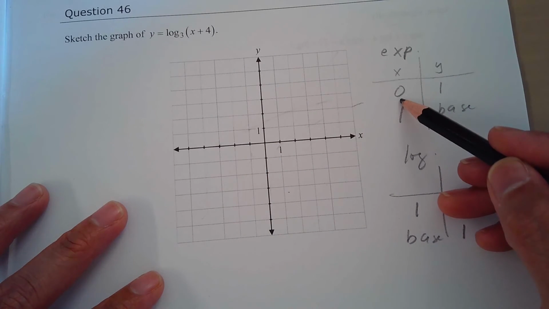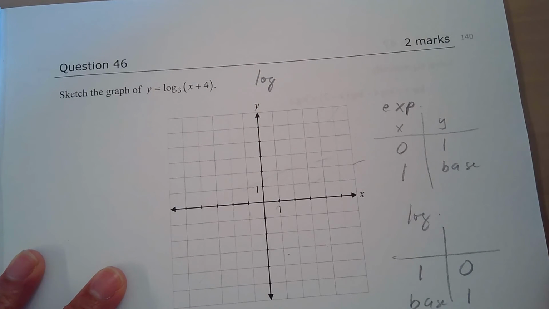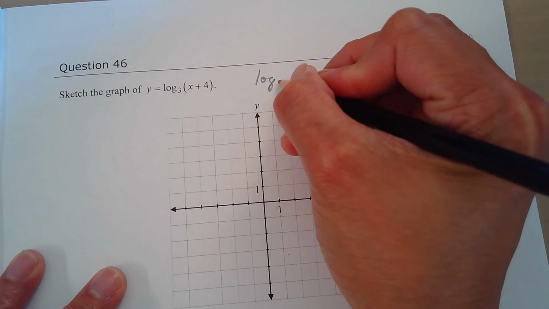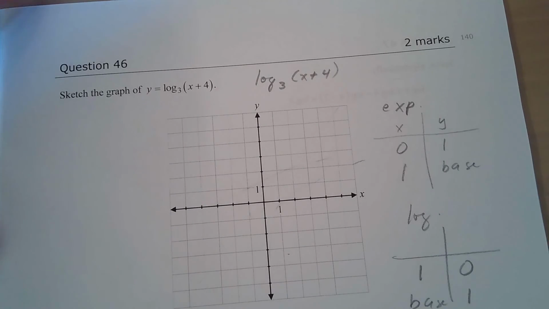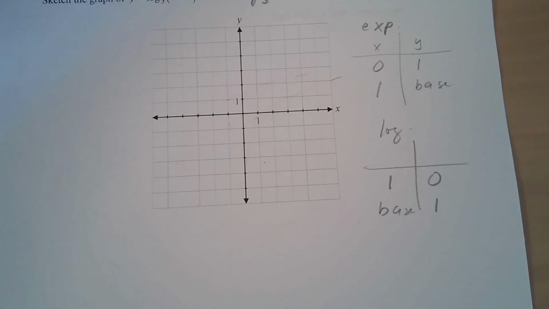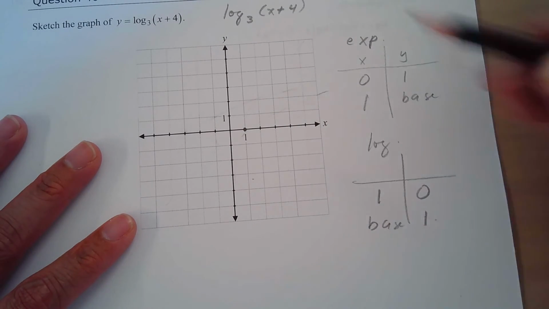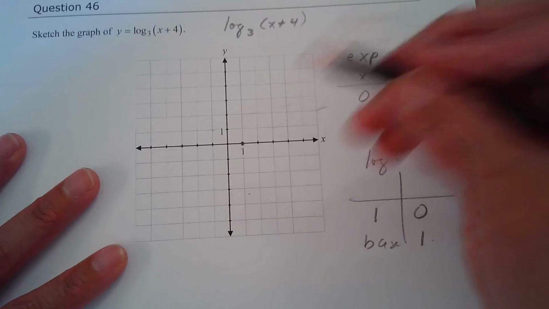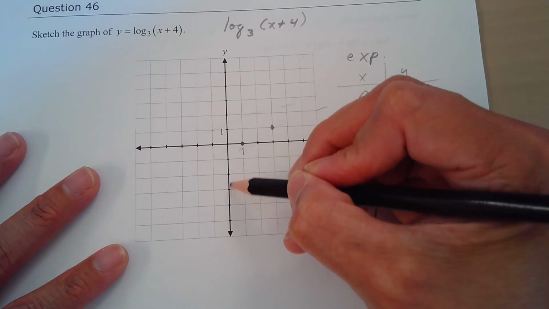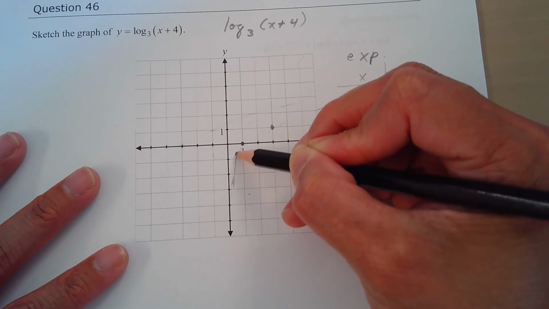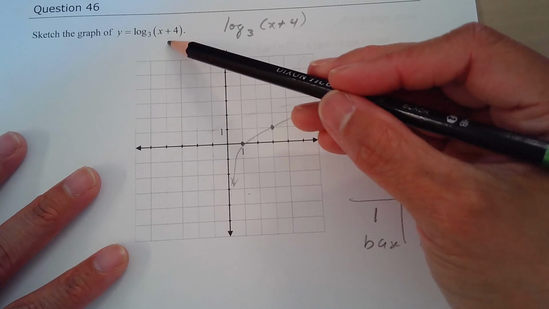So here, this one would be log base 3 of x plus 4. Okay, so this is going to be (1, 0), base 3. So the graph kind of goes like this, right? You got your asymptote there. Now what happened in here?